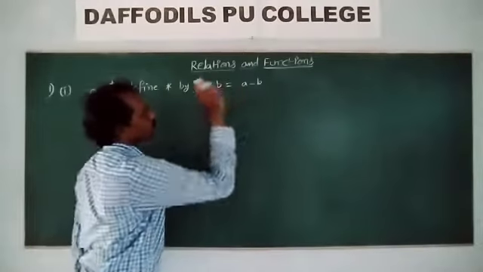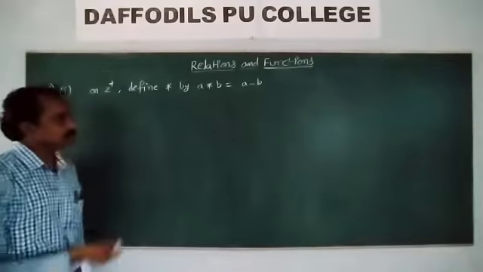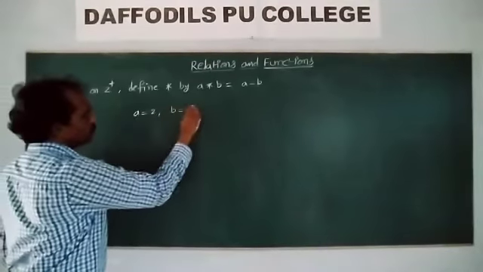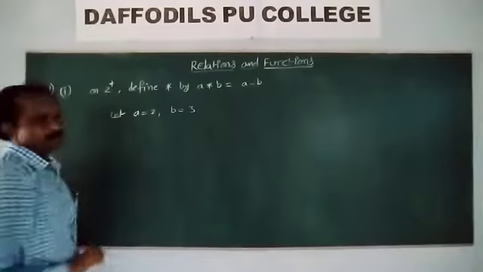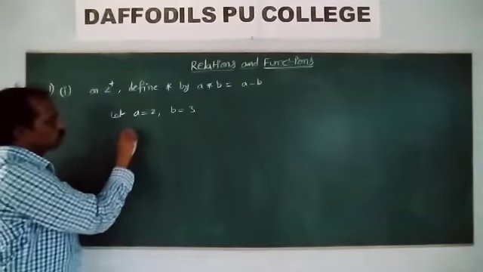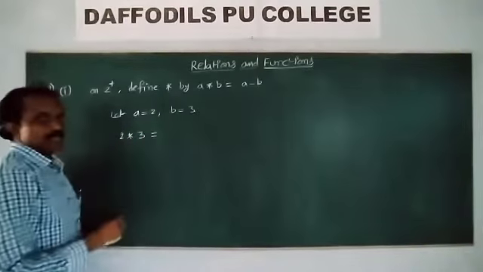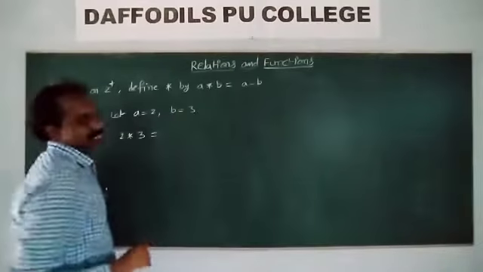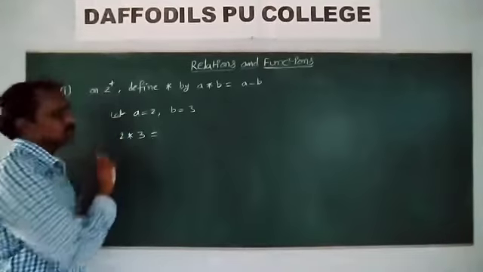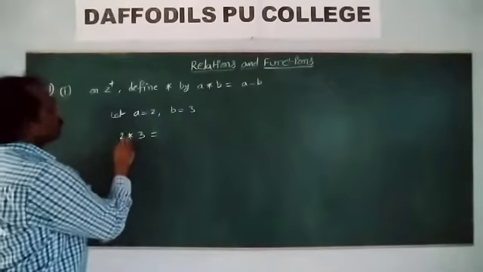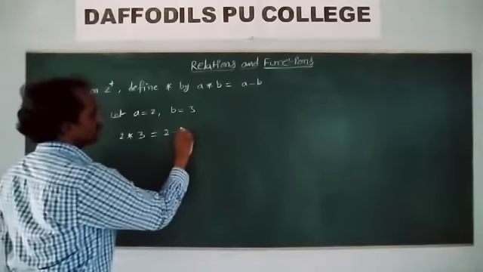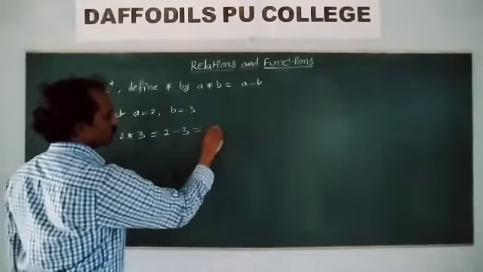What is given? A star B is equal to A minus B. Take an example. Let A is equal to 2, B is equal to 3. In the star place we have minus, which is just some operation, like a function. So 2 star 3 means 2 minus 3. What is the resultant answer? Minus 1.